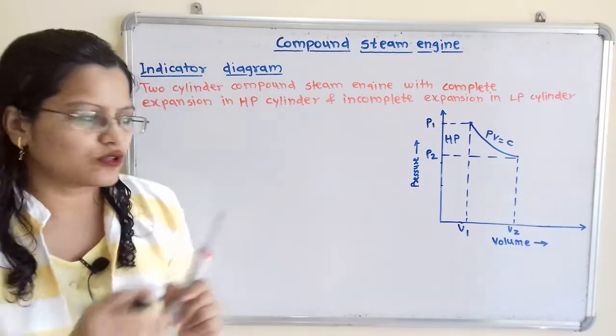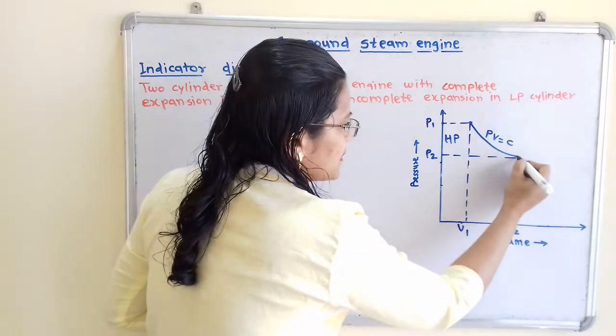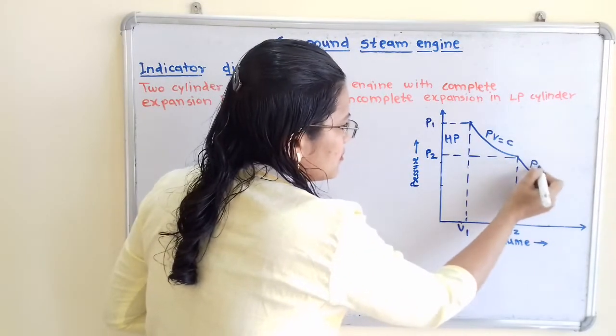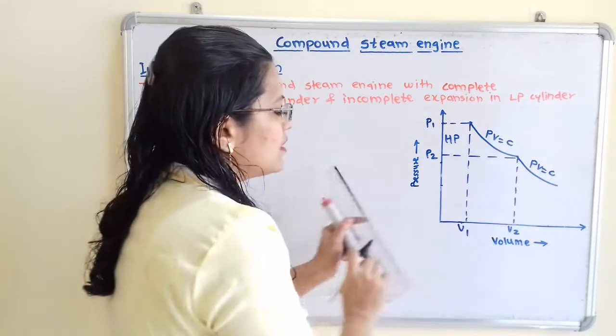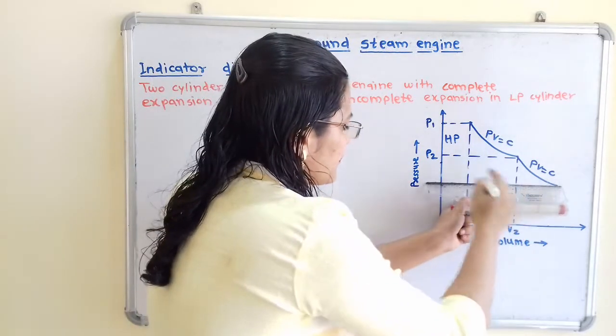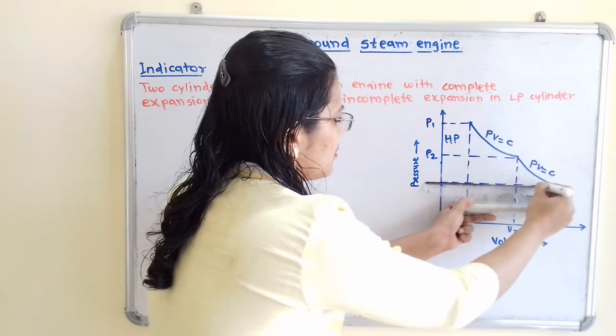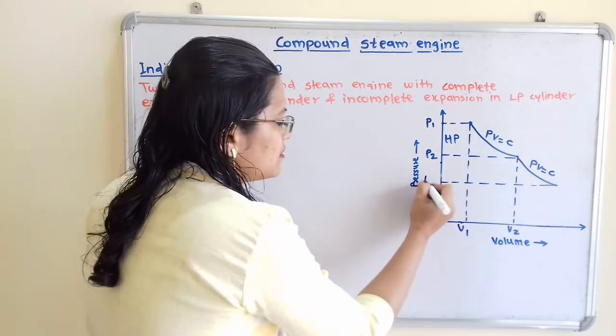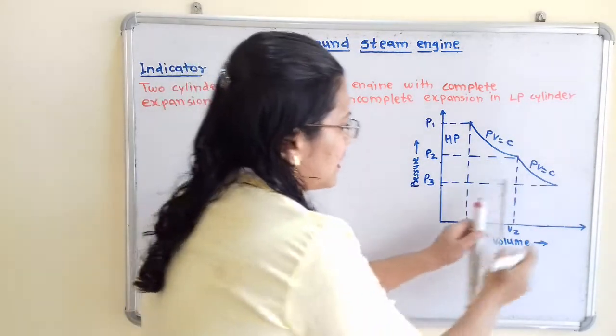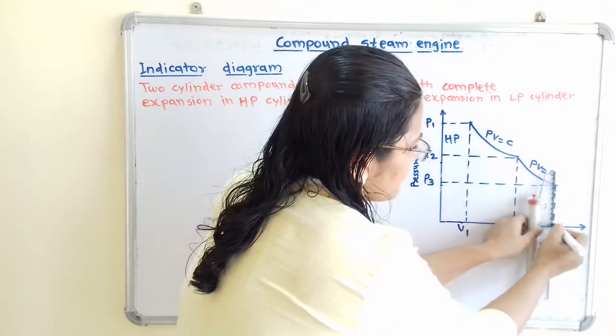So we have to show that. So the same law, that is PV is equal to constant. So PV is equal to C. So pressure is pressure P3. So this is the release point of pressure in low pressure cylinder, and at the same time volume is V3.